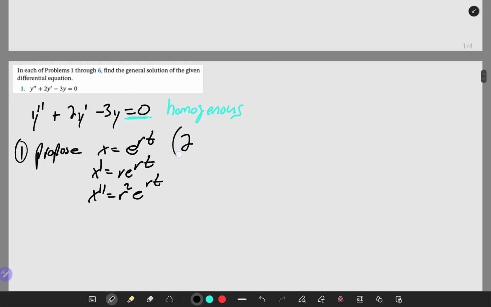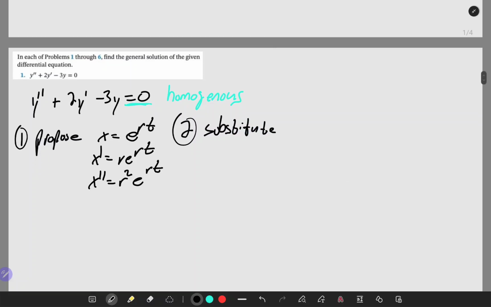Step 2, substitute. Oh, sorry. They give us y in these problems, so this is not x, it's y. So I'm going to plug in for y double prime: r squared e to the rt plus 2 times r e to the rt minus 3 e to the rt.